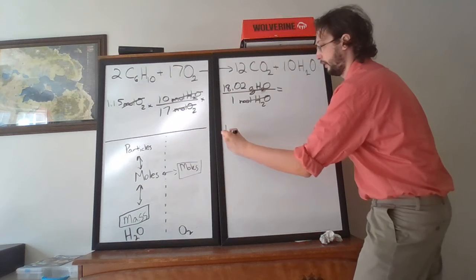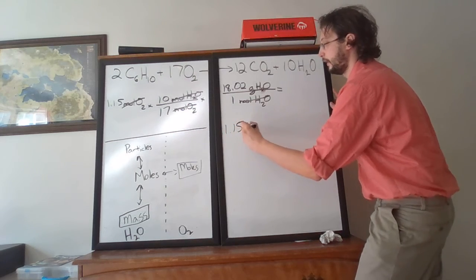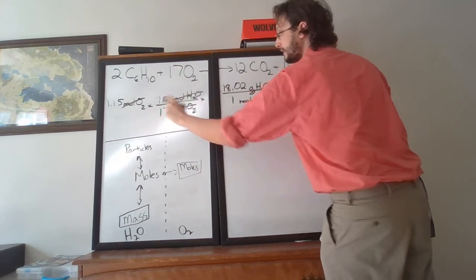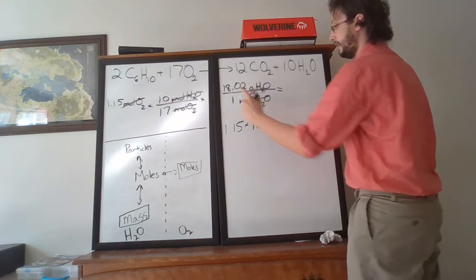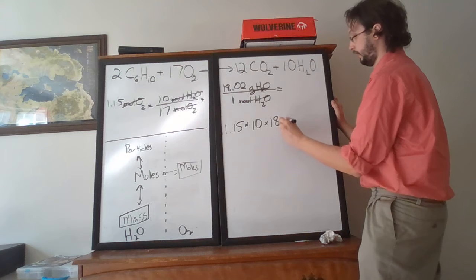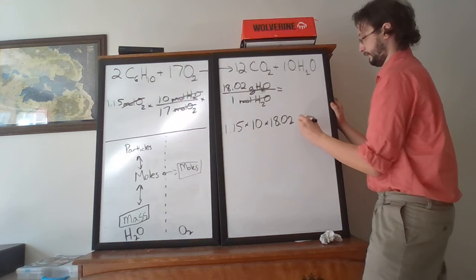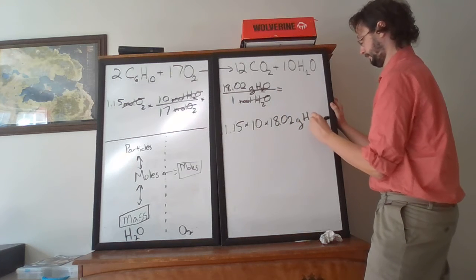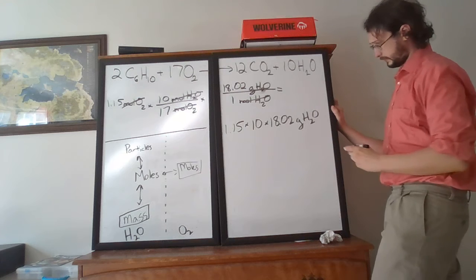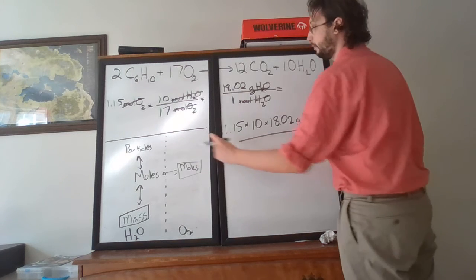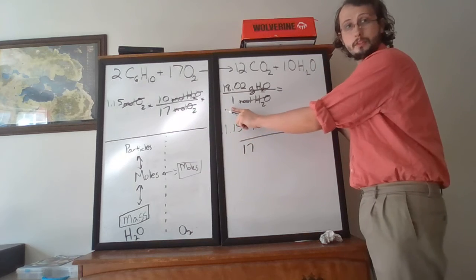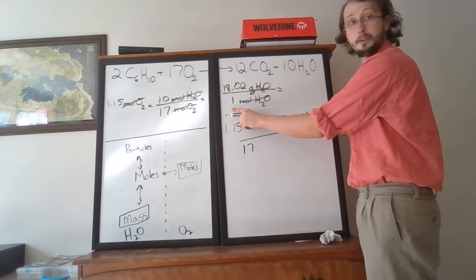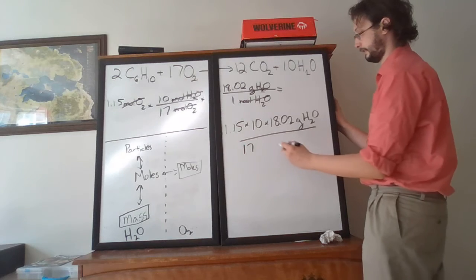So we've got 1.15 times 10 times 18.02 grams of water in the numerator. In the denominator, we've got 17. Divided or times by 1 is still the same thing, so we don't need to worry about that.